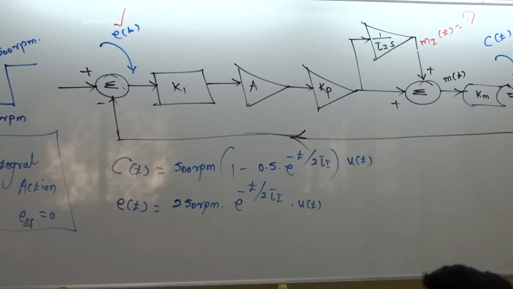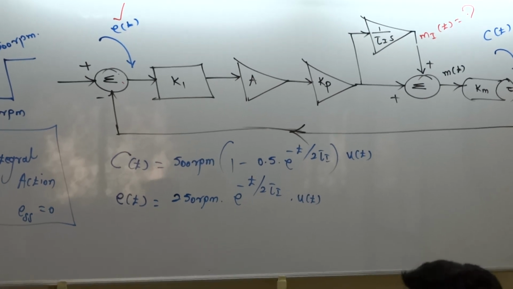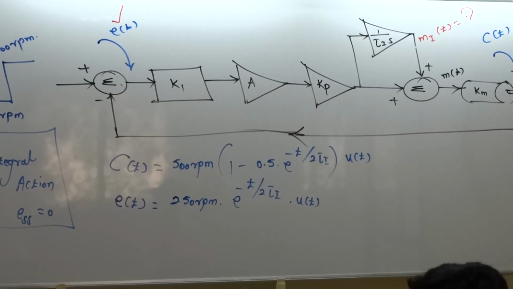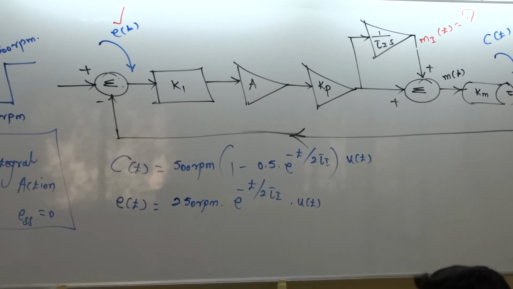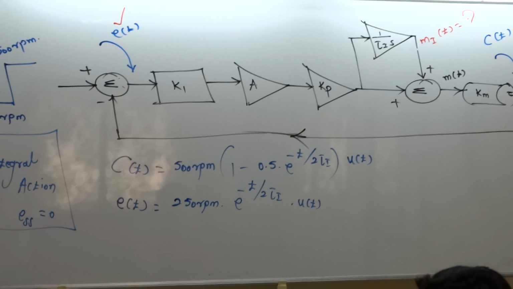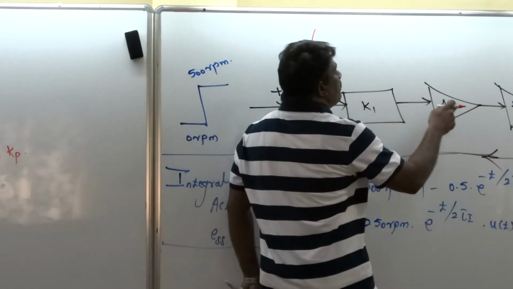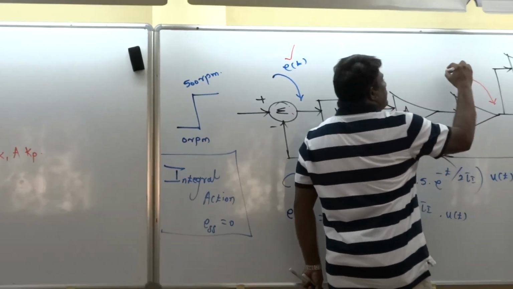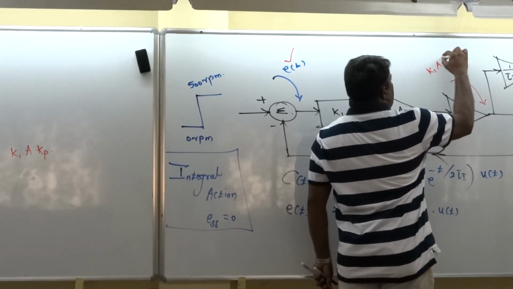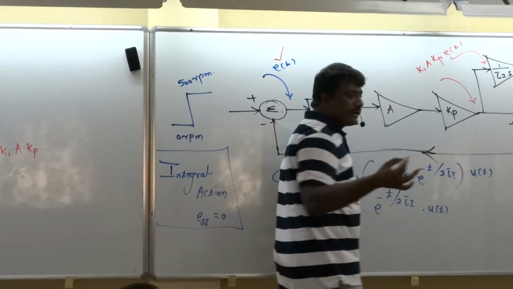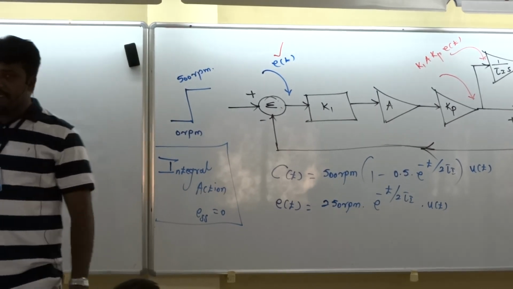Let us evaluate Mi of T. What is Mi of T fundamentally? Mi of T is equal to K1 into A into Kp. That is the signal. Okay, so the signal after passing these three elements is K1 A Kp into E of T. Okay, that is the input signal to the integrator.